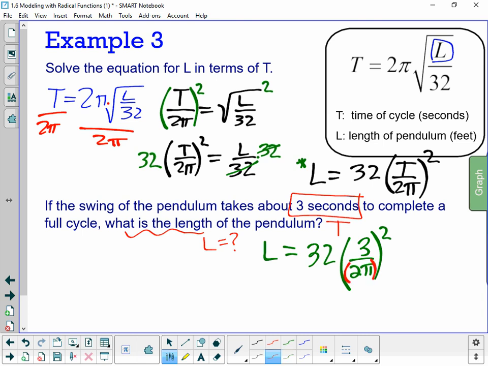Again, be careful with that 2 pi denominator. You want to make sure you group that if you're using a calculator to calculate this. So we can calculate this and find that the length of the pendulum would be about 7.3 feet.